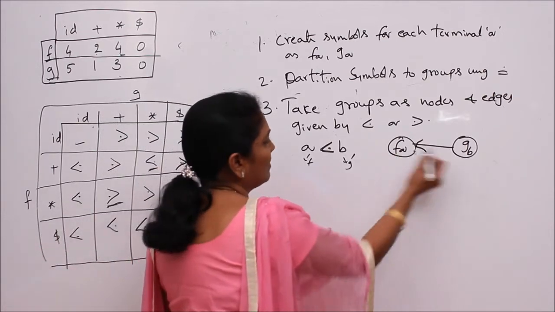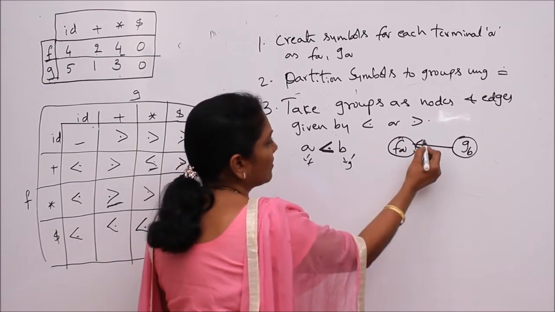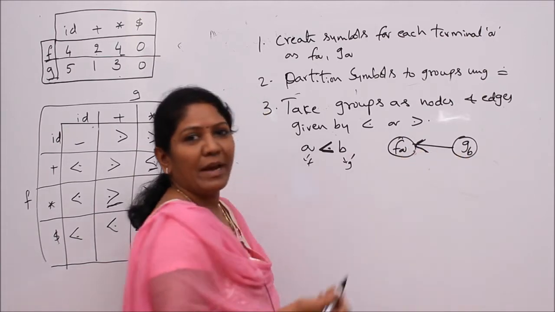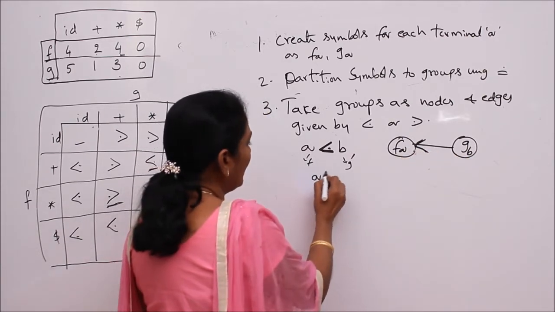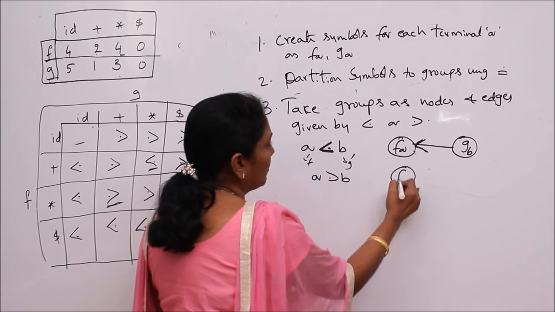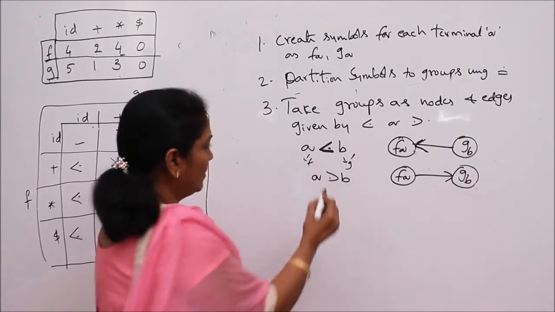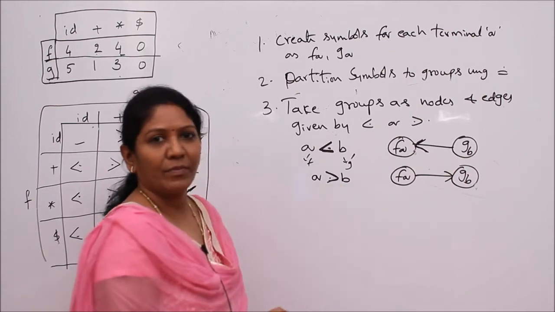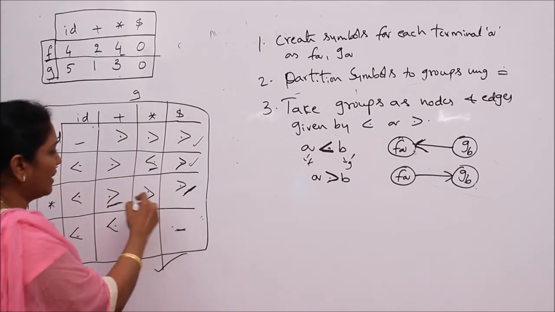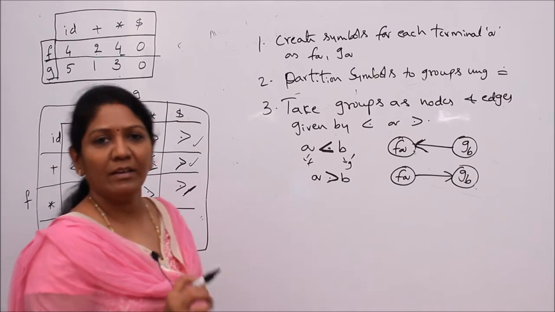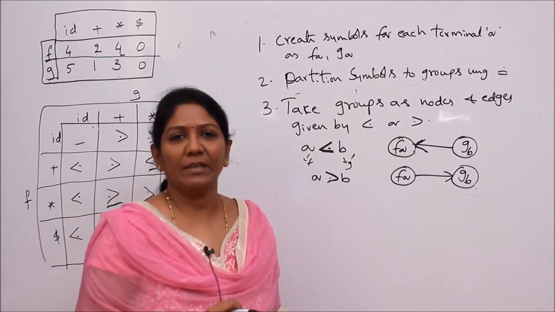So between these two, since it is in this direction, that edge has to be added in this way. Otherwise, if I say A greater than B it should be from FA to GB, since the direction is like this. So for each and every less than or greater than relation, you add the edges. That's how we complete the digraph.